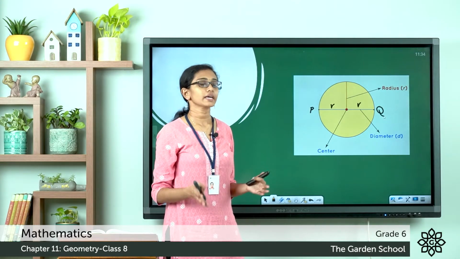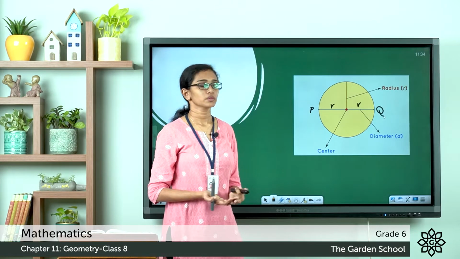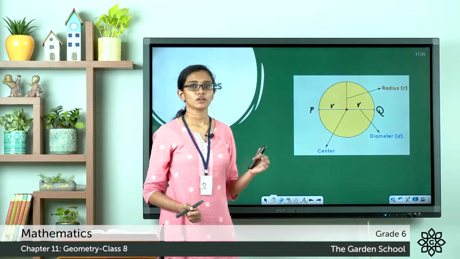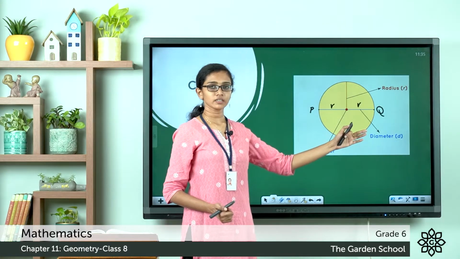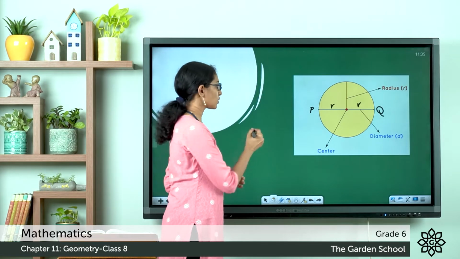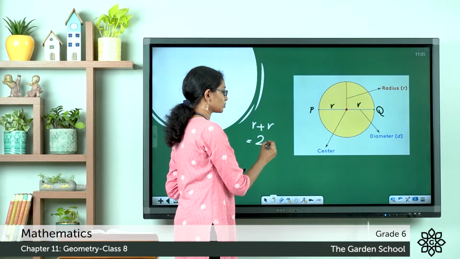Now what is the length of the diameter, or what is the length of this line segment PQ? You can see this distance is R and this distance is also R. So the total length of the diameter, the total length of this line segment PQ, will be equal to R plus R. That is equal to 2R.